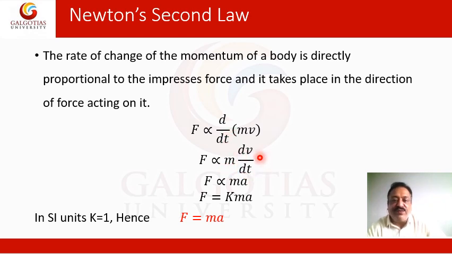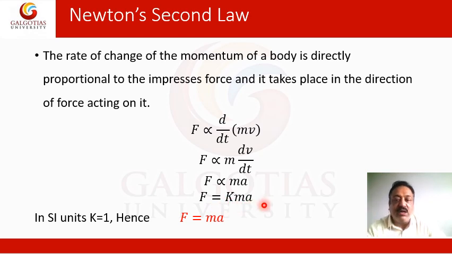Now, rate of change of velocity we all know is known as acceleration. So in the next simplification, I simply say F is proportional to mass times acceleration. And if I introduce the constant of proportionality k into this, F becomes equal to k times m into a.